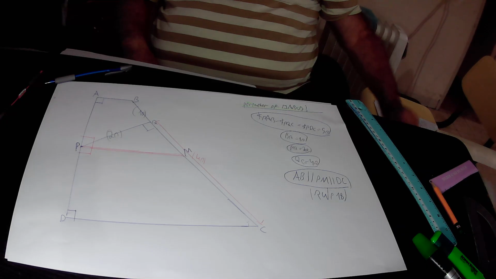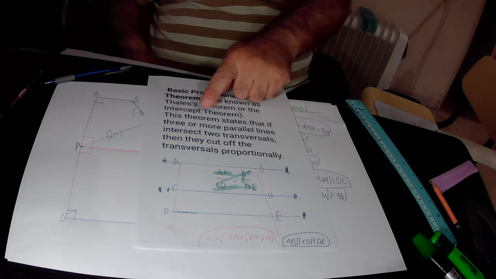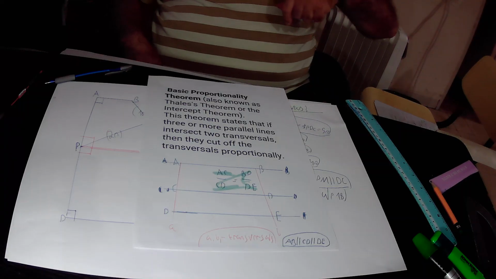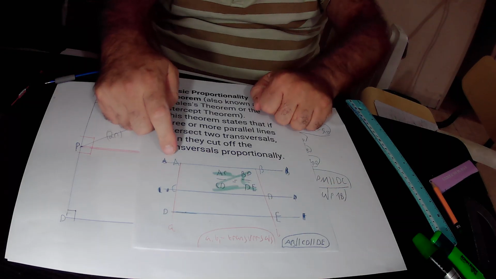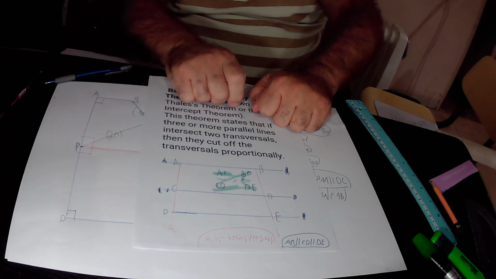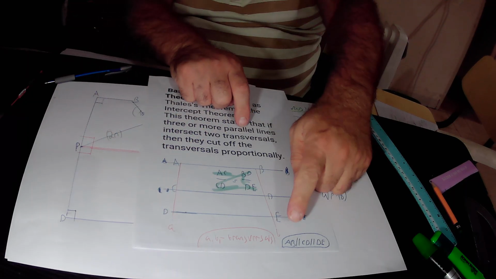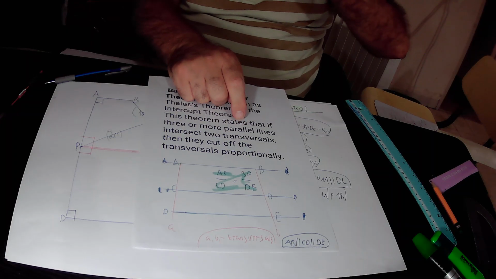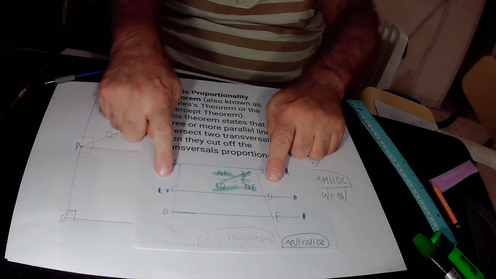What is the basic proportionality theorem? Here we have AB parallel to CD and parallel to DE. We have those two red lines, line A and line B, that connect the three parallel lines together.